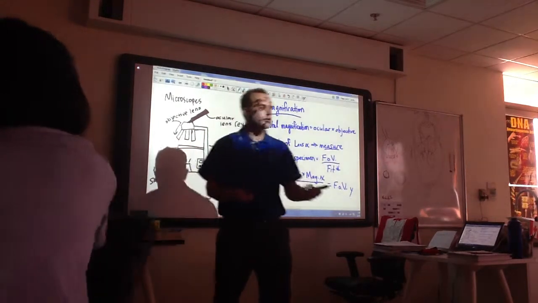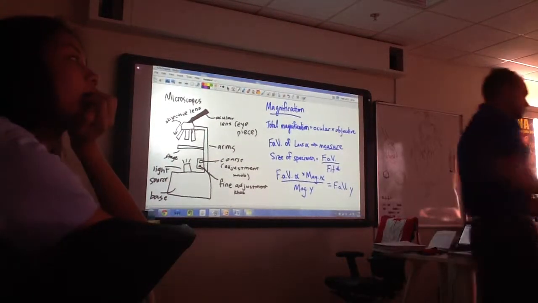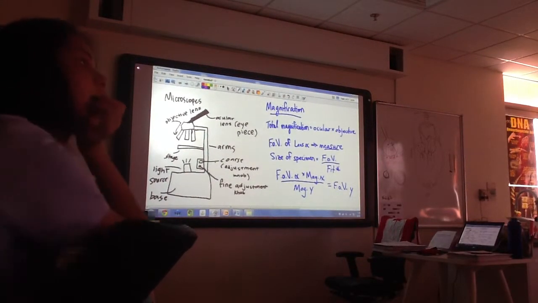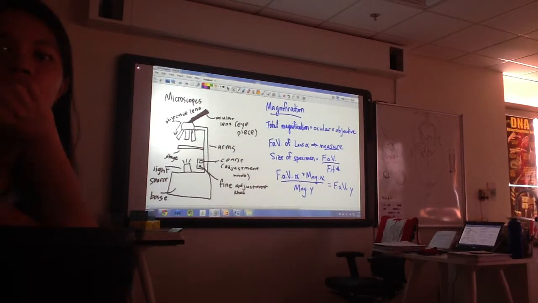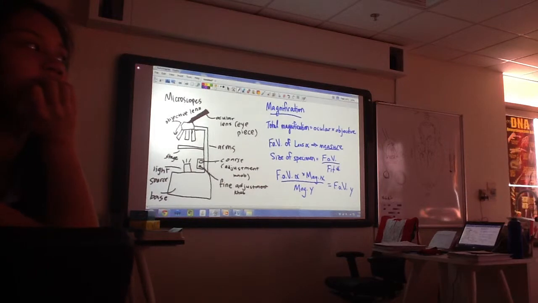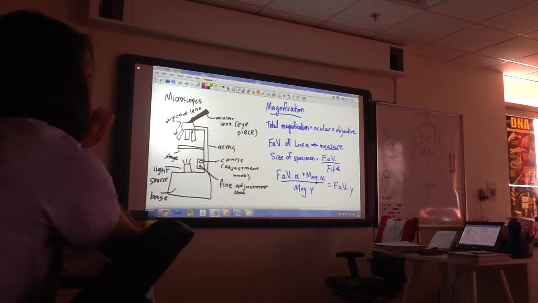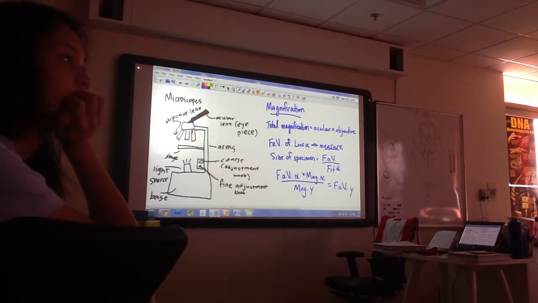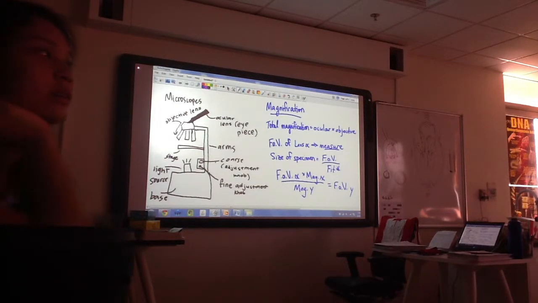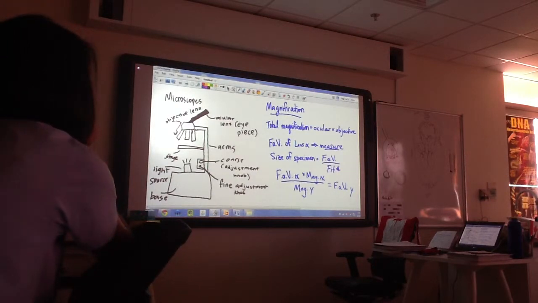And the reason I'm using X's and Y's is, in your package that you originally started with, it talked about the low power objective and the high power objective. Why am I using X's and Y's instead of low power and high power? Because it's just algebra, it doesn't matter. It's just a lower power and a higher power.